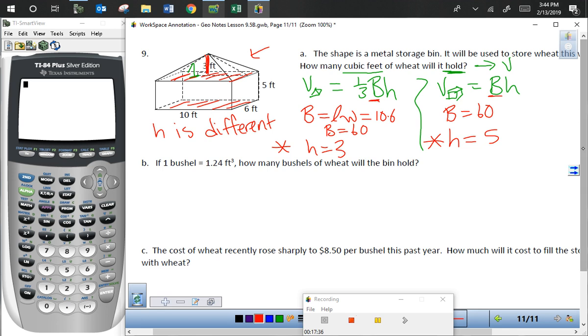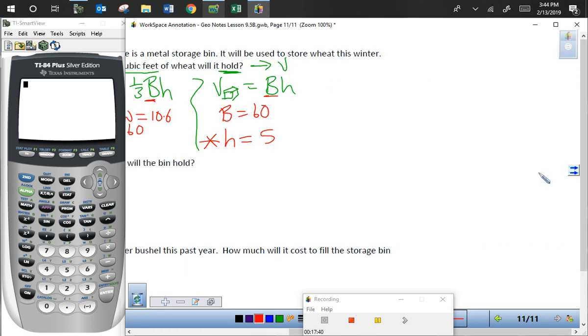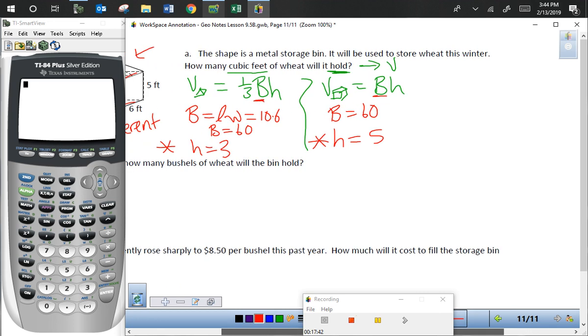Now that we have our values, we can go plug it all in. Our first one is one-third times 60 times 3. Again, what I told you about that one-third and those 3s, they just cancel out. So my volume 1 is 60.